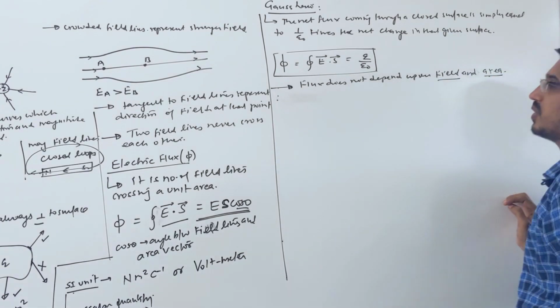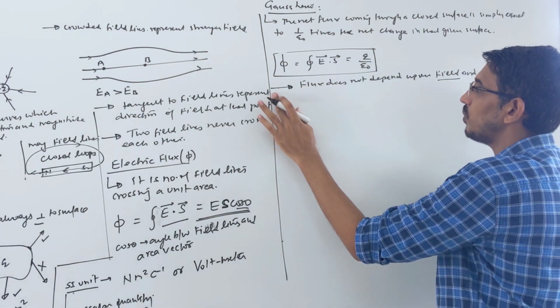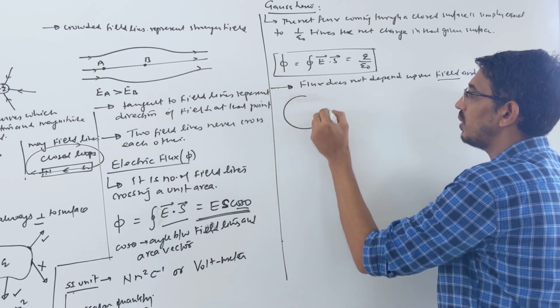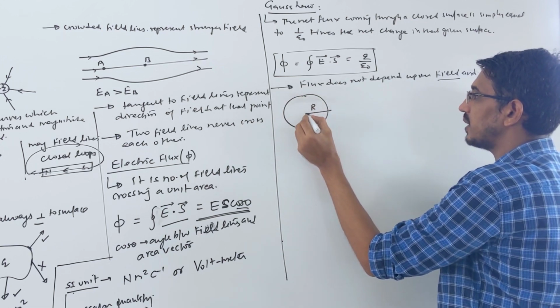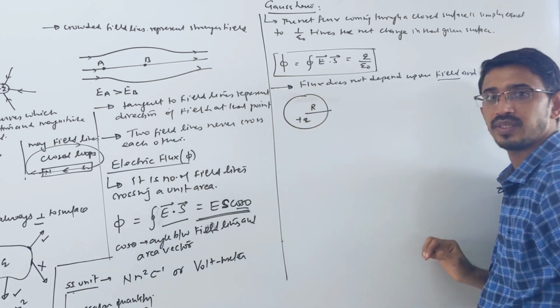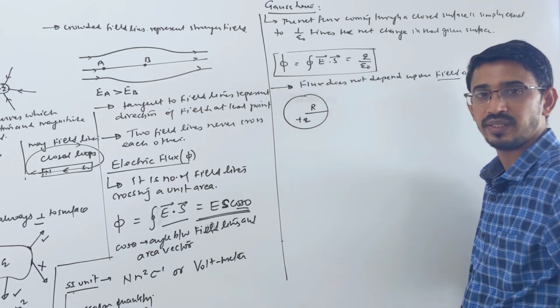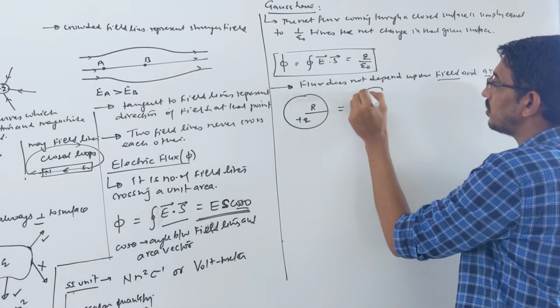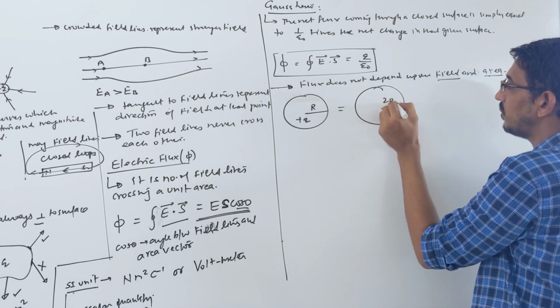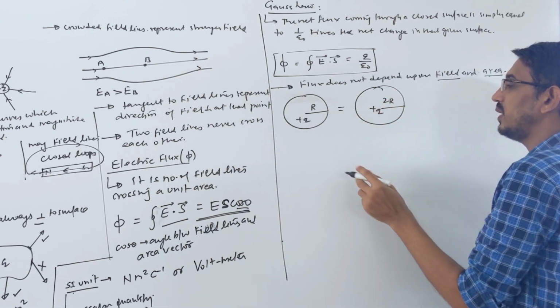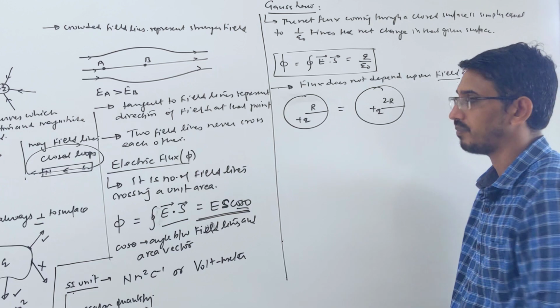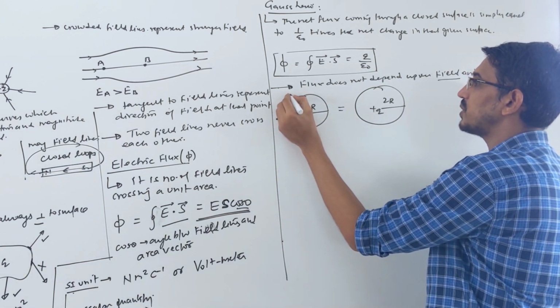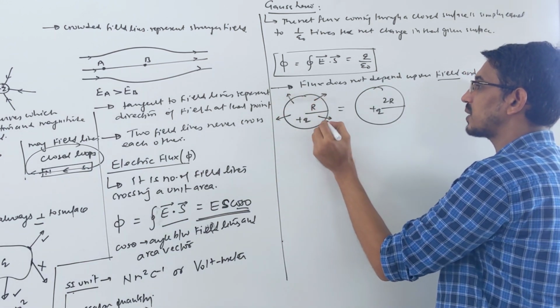What's the meaning of this? Suppose you have a small sphere of radius r and you put some charge q here, then you will get some flux phi. If you put the same charge into a bigger sphere of radius 2r, same charge q, in both cases the flux coming out will be the same. For positive charge flux comes out, for negative charge flux goes in.